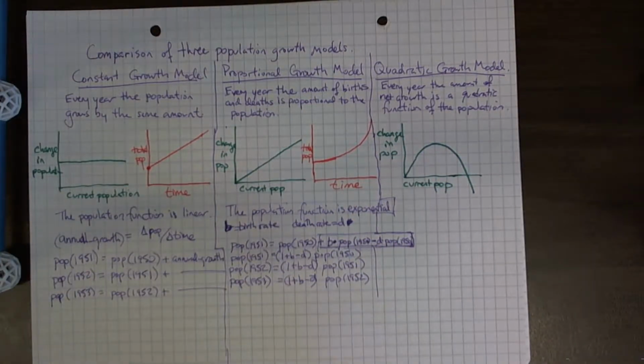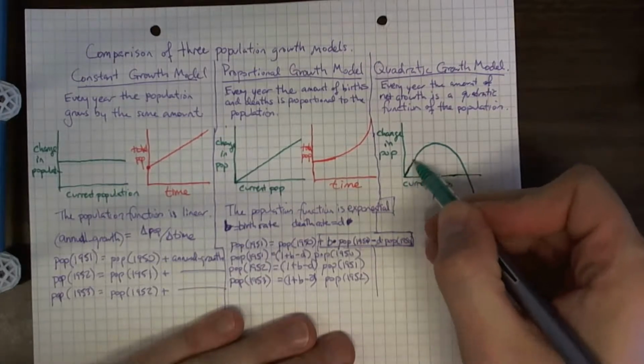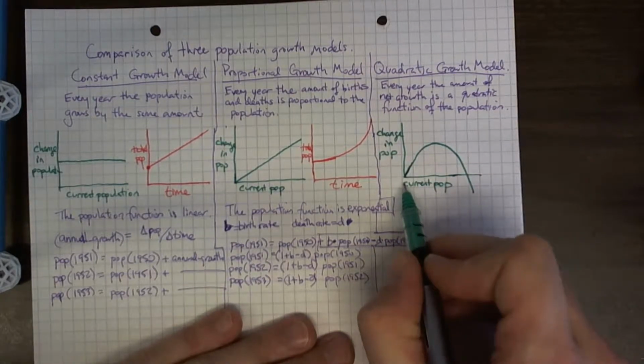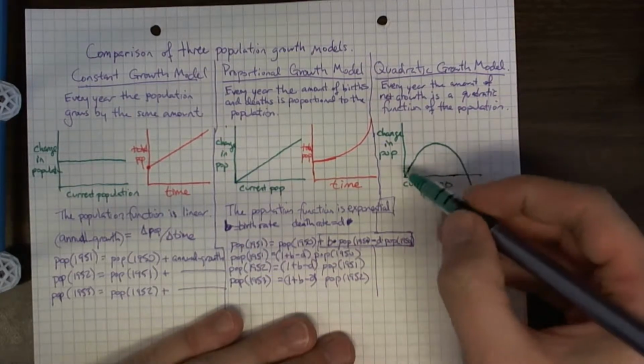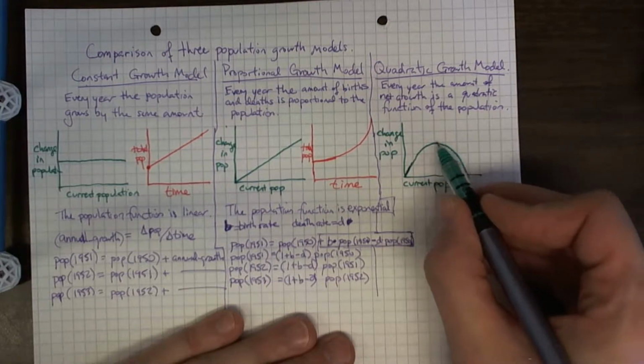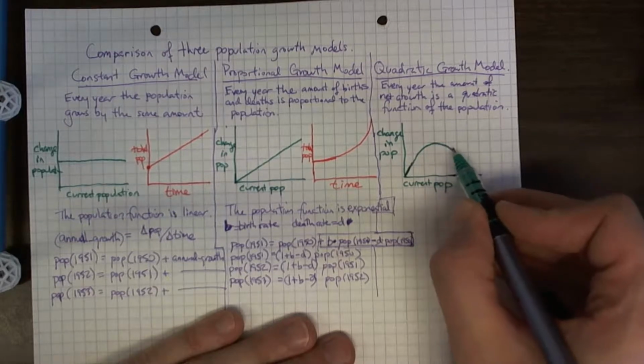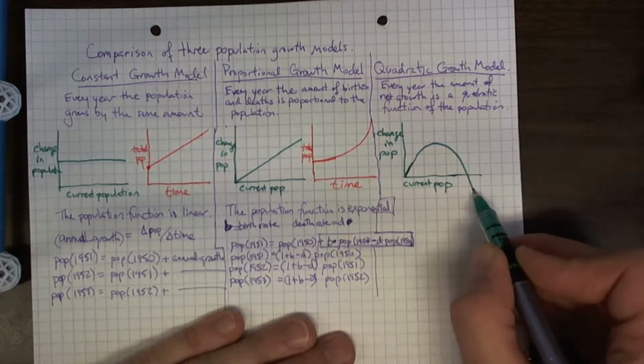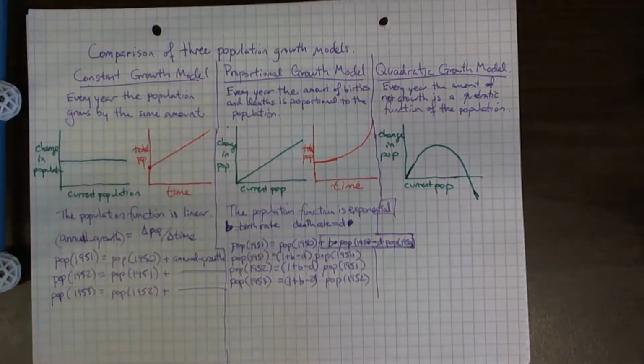All right, and so what we're saying here is that at the beginning, when there's a small number of people, this is increasing. It gets to some maximum rate of change based on population, and then it decreases over time. Right? There's a good reason for this.